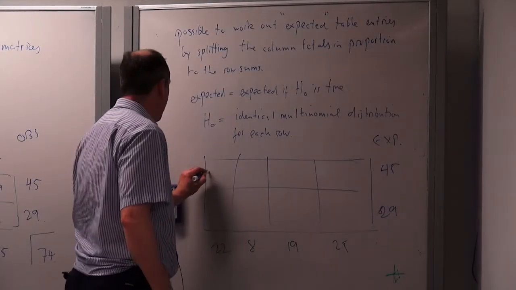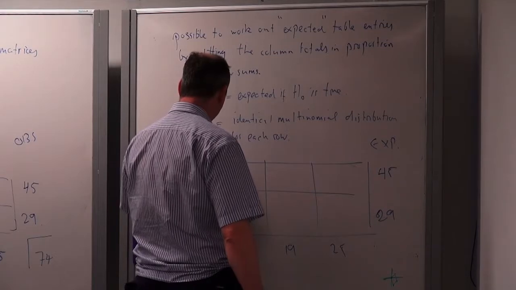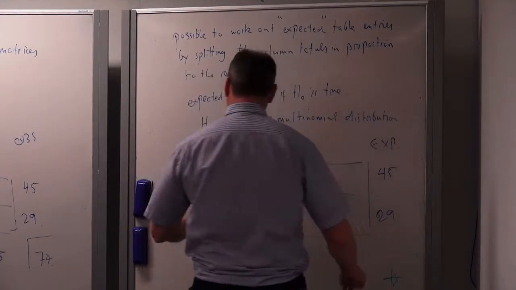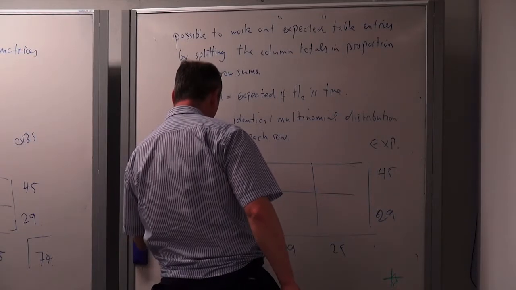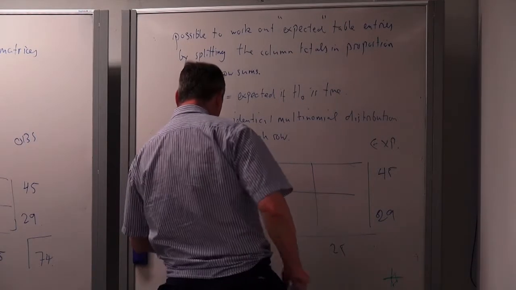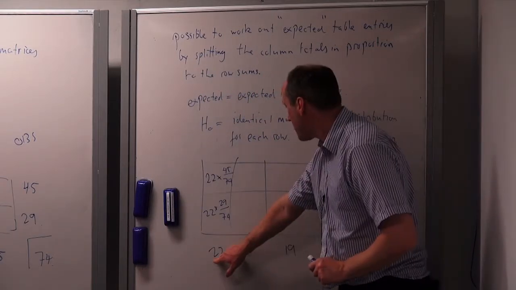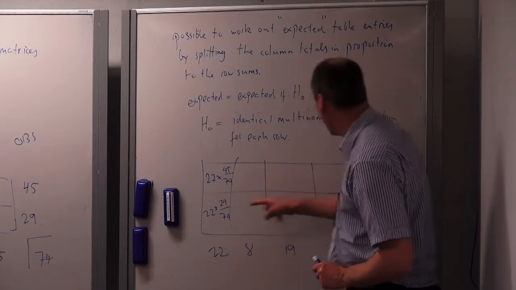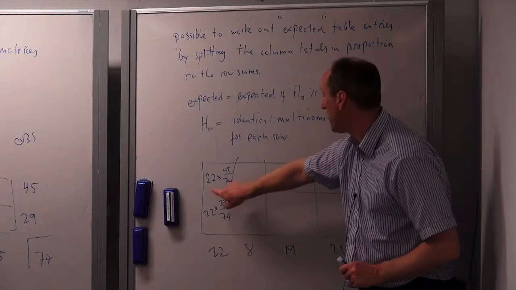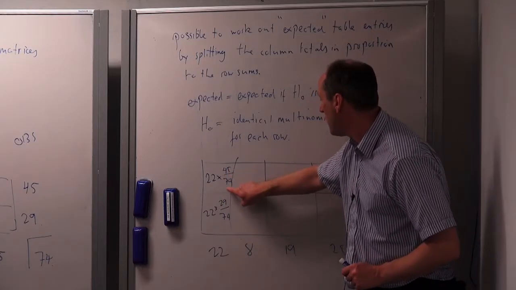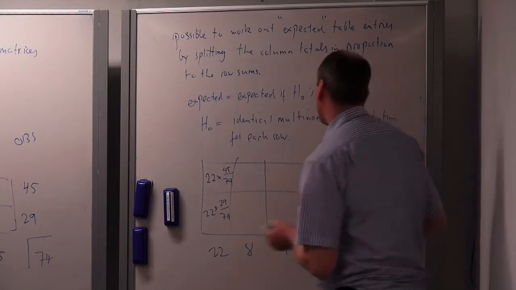So that's going to be 22 times 45 over 74. And this one's going to be 22 times 29 over 74. So you see I'm splitting up that 22 according to 45 and 29 because it's here. And so these two guys will add up to 22 because 45 over 74 and 29 over 74 add up to 1. Yeah?